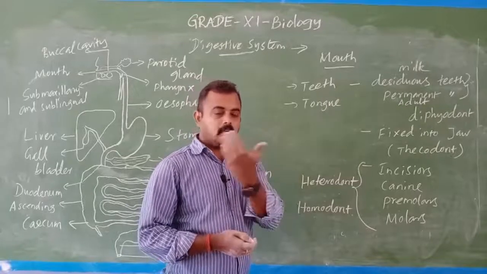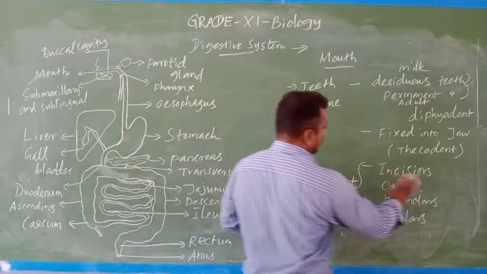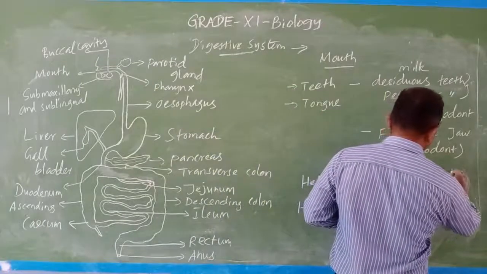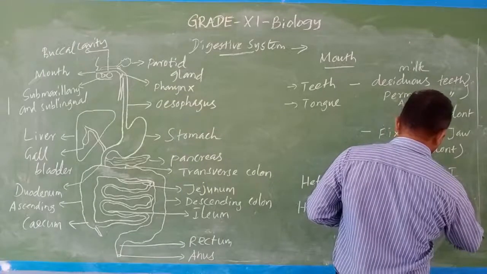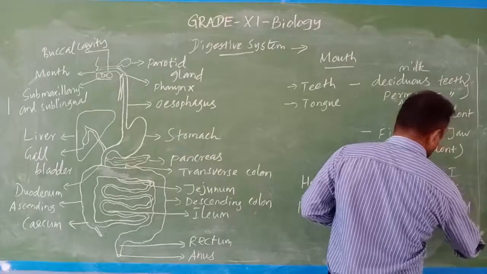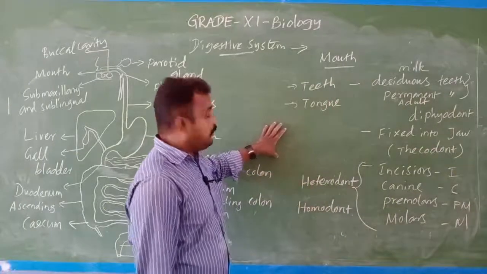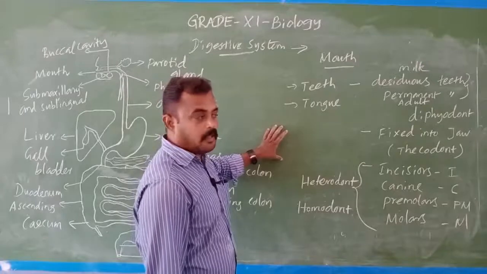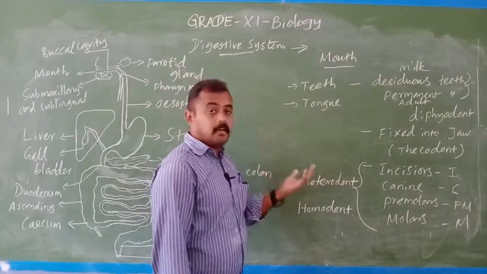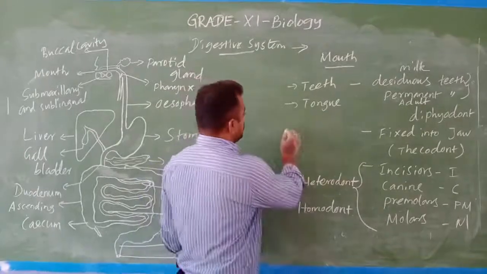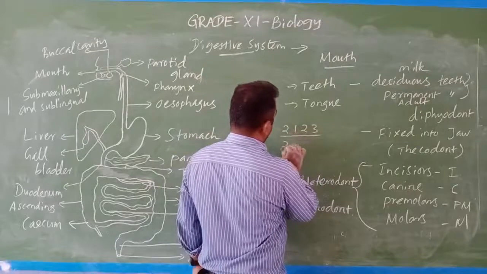Incisors are denoted as I, canine as C, premolar as PM, molar as M. So the dental formula is half of the area of the lower jaw and upper jaw. So 2, 1, 2, 3 and 2, 1, 2, 3.